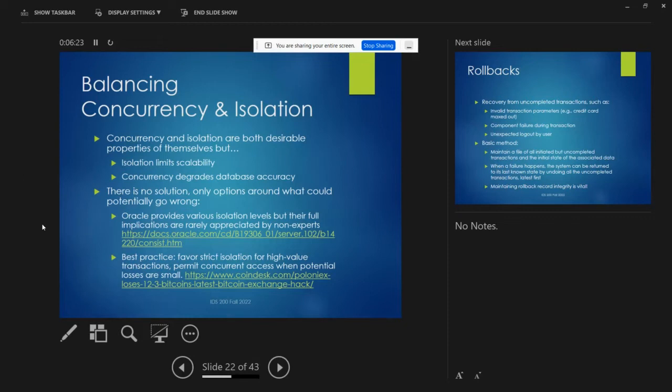But of course, the best practice is strict isolation for high value transactions, like the Poloniex hack that I covered. Obviously, with something like that, you're dealing with big money where people could make off with $20 million. You want to do strict isolation there, even if it slows your system down.